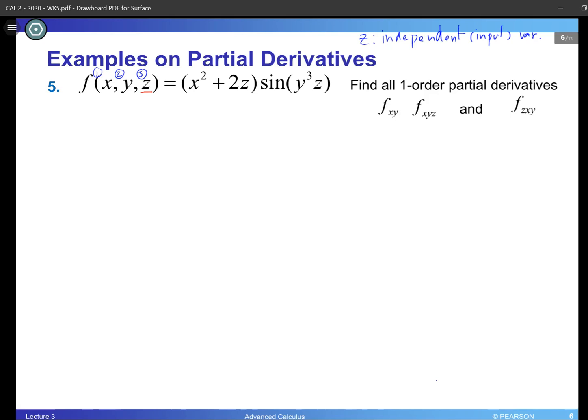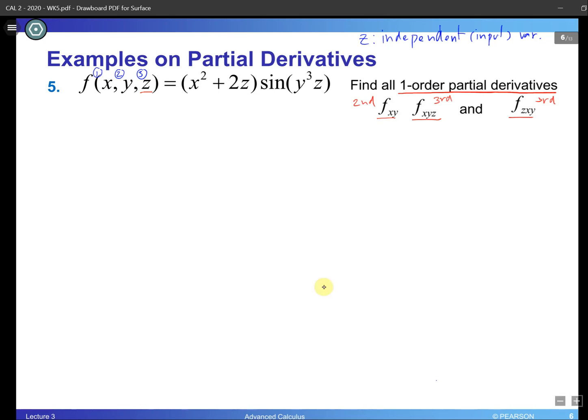So what do we need to find here? We need to find all the first order partial derivatives, and then we need to find the second order, which is this one, and then the third order. We have x, y, z right here, third order. Same here with this z, x, y, third order. So let's talk about the first order partial derivatives here.